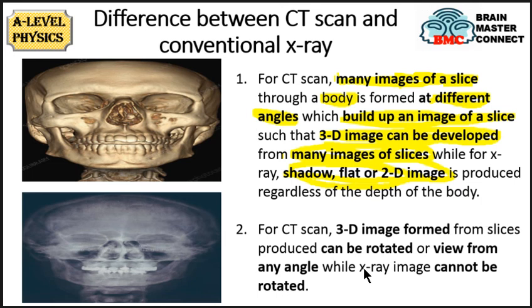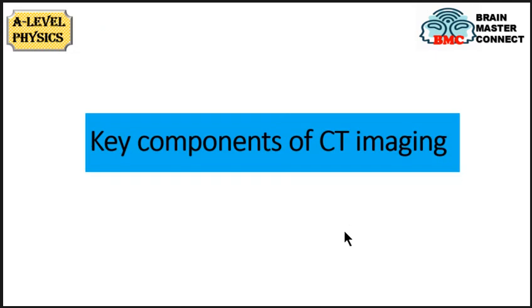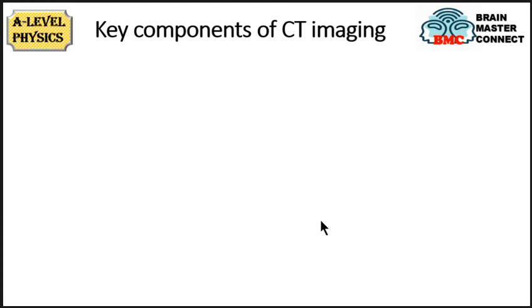Okay, right from here we shall be considering key components of CT imaging. What are the key components, the key parts of a CT imaging device or scanner? One of the components of CT imaging is the X-ray tube.